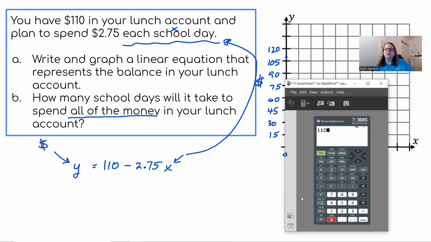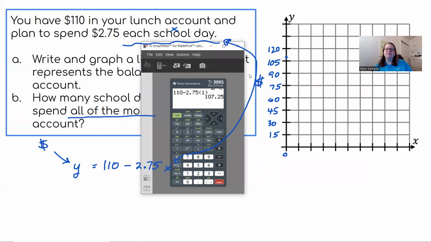So let's see after 1 day. We talked about this, but after 1 day, we're substituting the x with a 1. Okay, we're down to $107.25. So $107. So we'll approximate it. Still is more than 105.